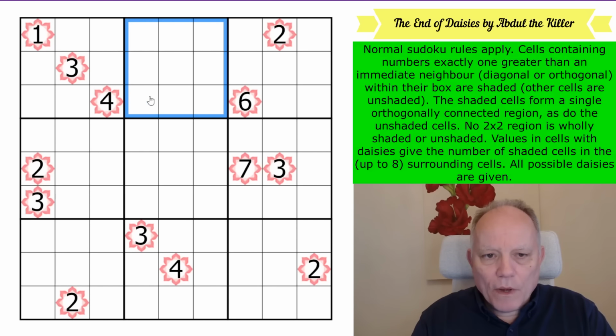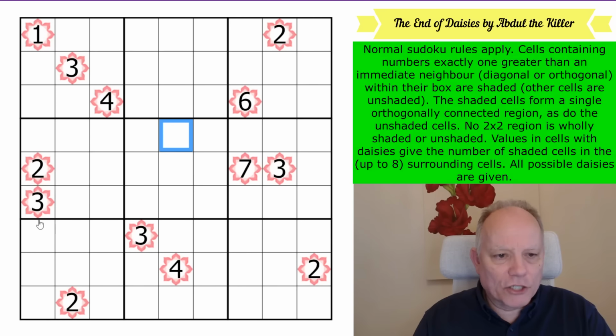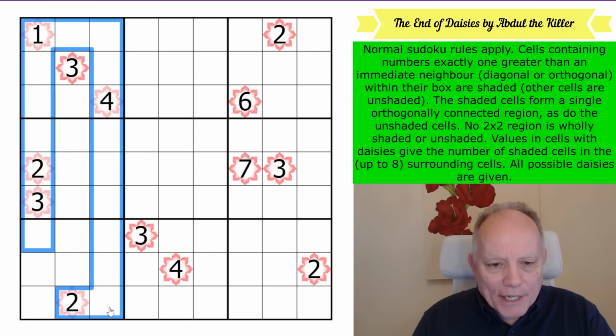Now, when we've done the shading, we have a yin-yang pattern, which means that the shaded cells form one single orthogonally connected region, as do the unshaded cells, and yet no 2x2 region is wholly shaded or unshaded. So let me try and come up with an area that might be shaded. No, I've already messed it up. That won't work.